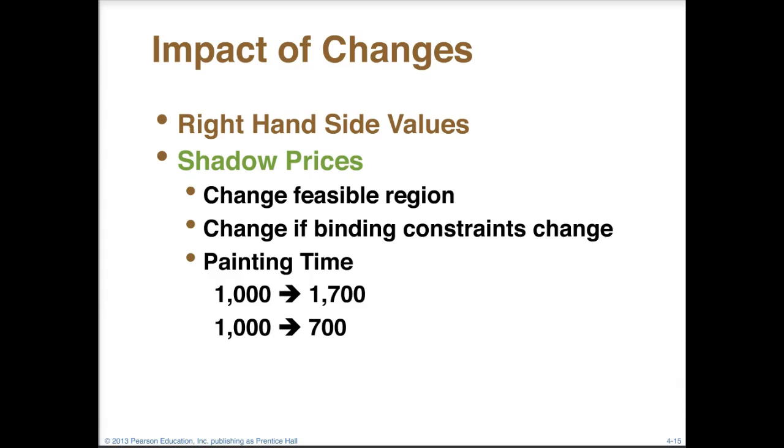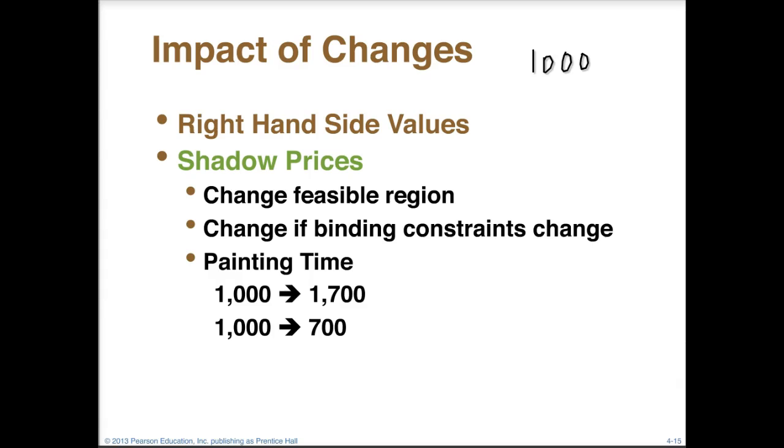All right. Okay. So anyway, for shadow pricing, I guess another way to think about this is if we're talking about a situation where, let's say, we change the painting hours again. That would be a good way to think about this. Okay.